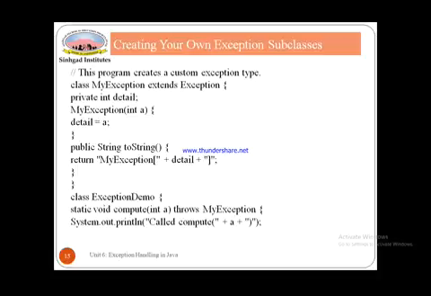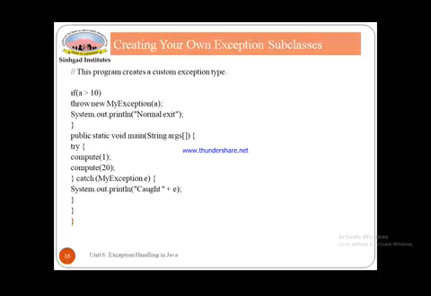Then again the name of the class is ExceptionDemo, then method static void compute(int a) throws MyException, simply a message we have to print: System.out.println("Called compute(" + a + ")").